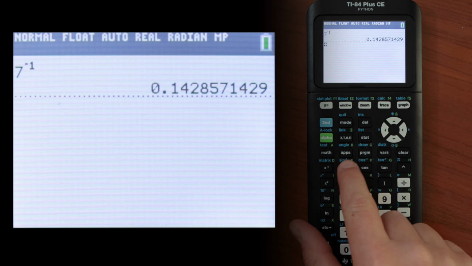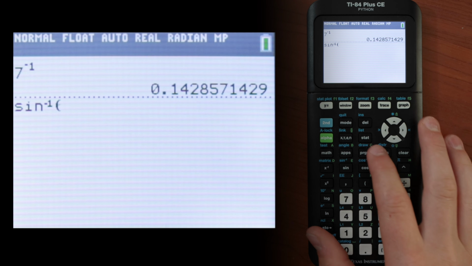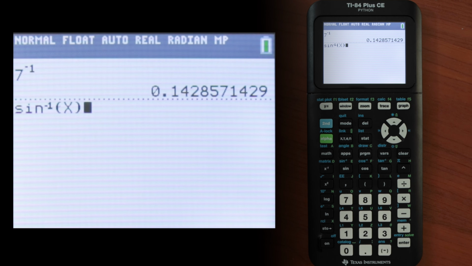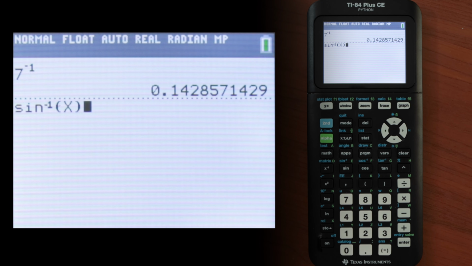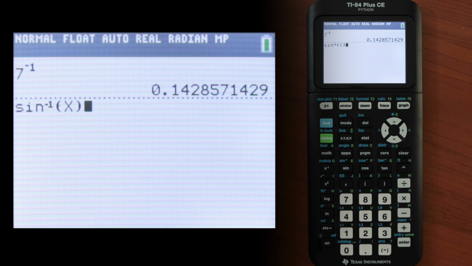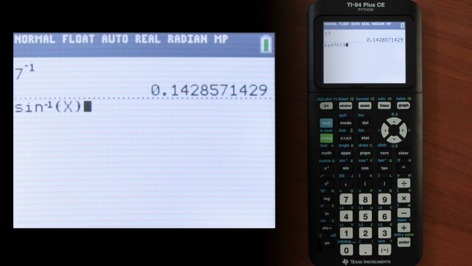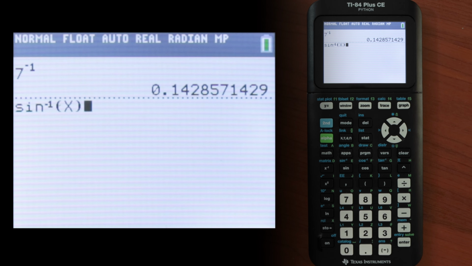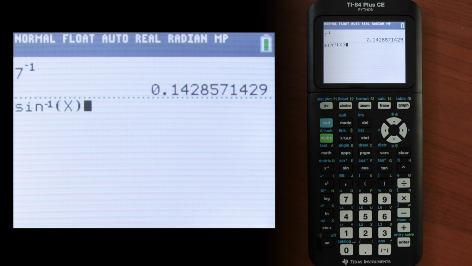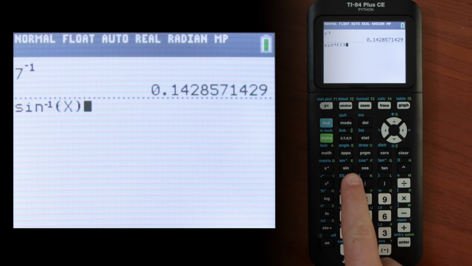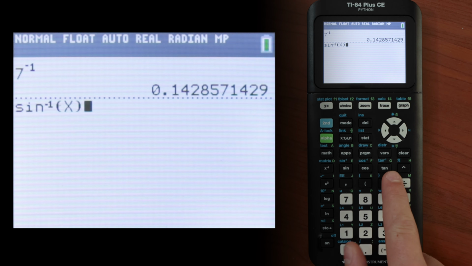Really simple. So we have inverse sine of x, for example. But what's really important is to not mistake this for cosecant, for example, because cosecant is the reciprocal of sine. So it might look like this is cosecant, but this is not. This is inverse sine, and it's really important to remember that these are the inverse functions.